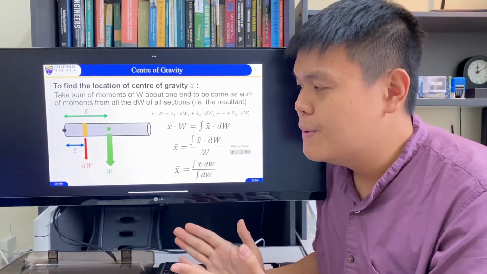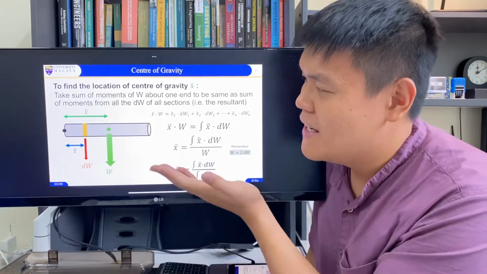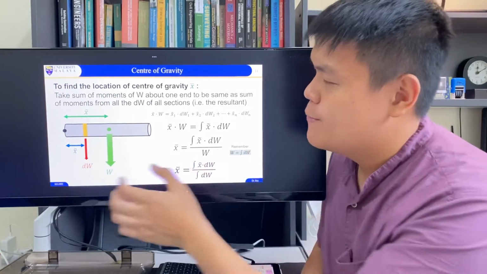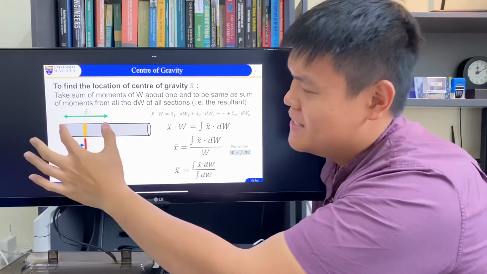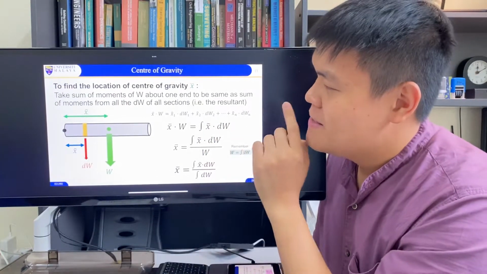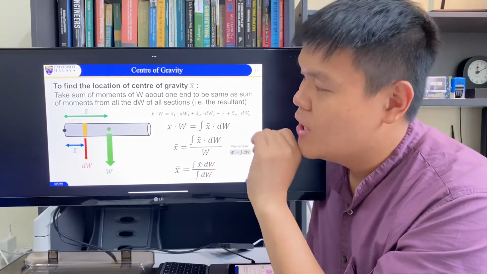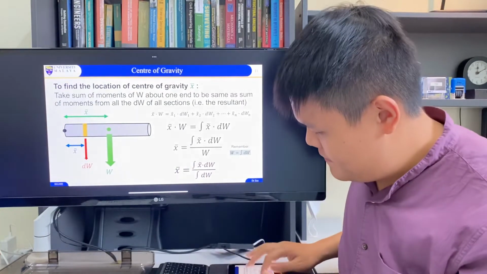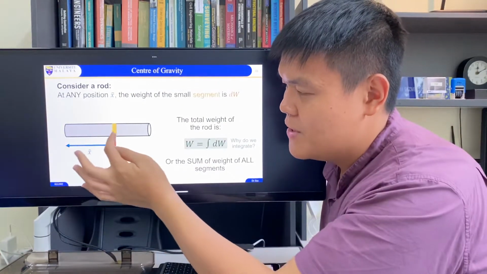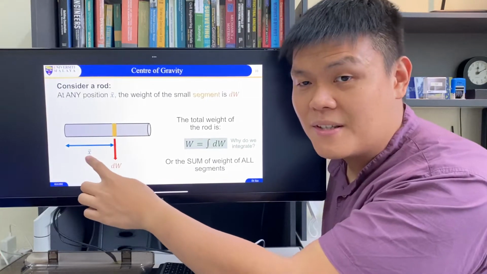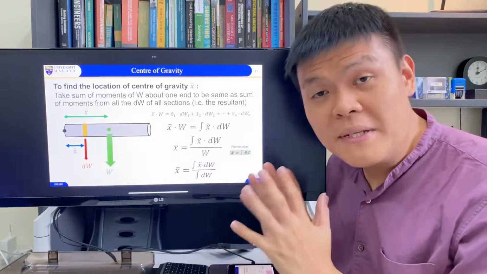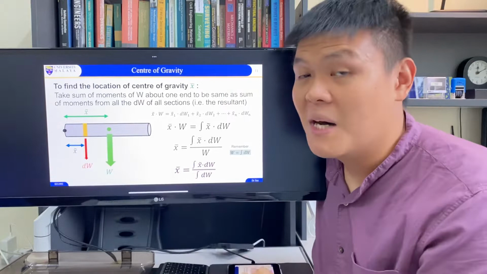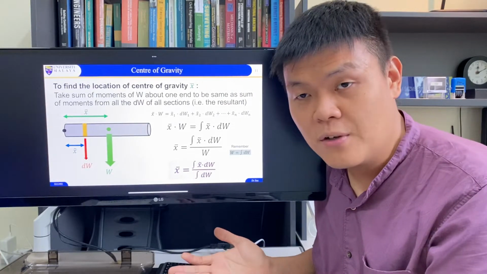Once we do that, let's take the sum of moments of W about the end here to be the same as the sum of all moments from the small dWs of all sections. So basically, you take all of these small dWs, multiply by their x curvy bars, and that will be the same as this big W multiplied by x bar, which is the location of the centroid.